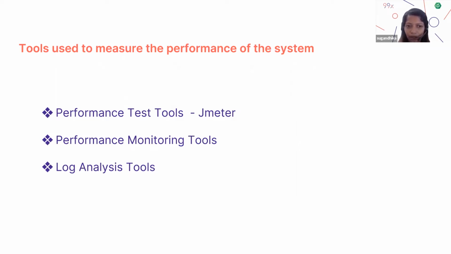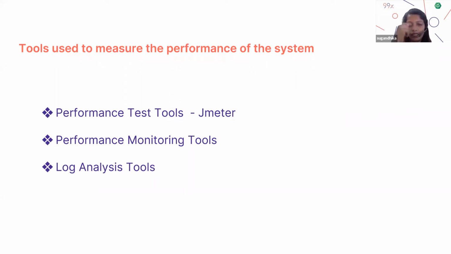Likewise, a lot of measurements you can collect from JMeter. Other than that, there are a few other tools that will complement these performance test results, and they will help you to identify the behavior properly, complementing the JMeter results.